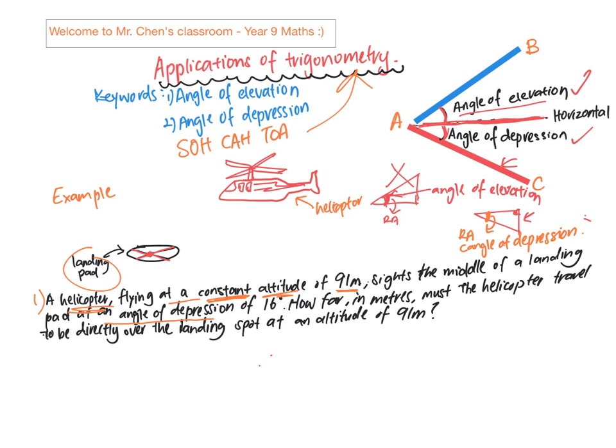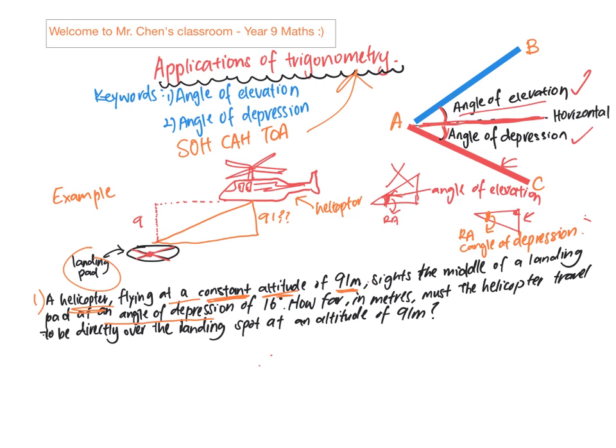So first I'm going to find out that is 91 meters. Do you think the triangle should be drawn here like this, with that angle, or should it be drawn right here where the altitude is 91 meters, which means it's above the ground?